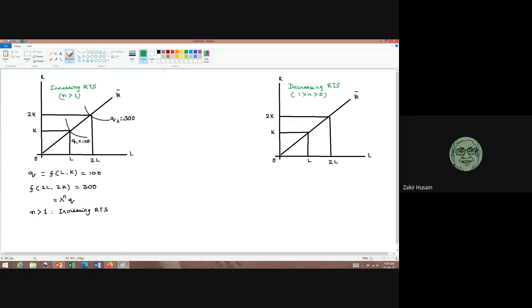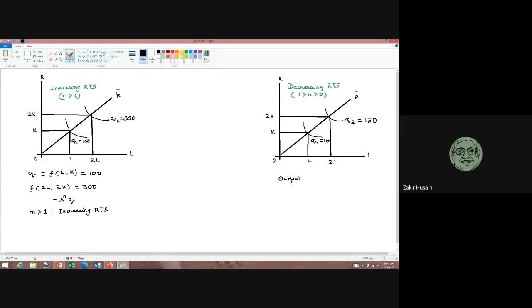Output will not decrease. So this is 100. This will be 200. Let us say it will be 150.